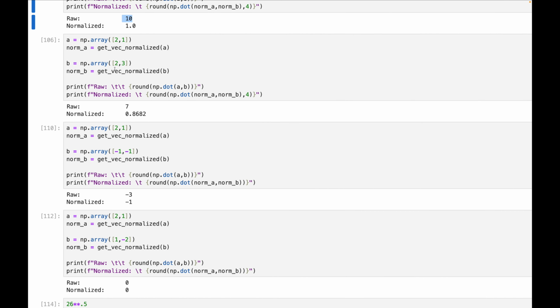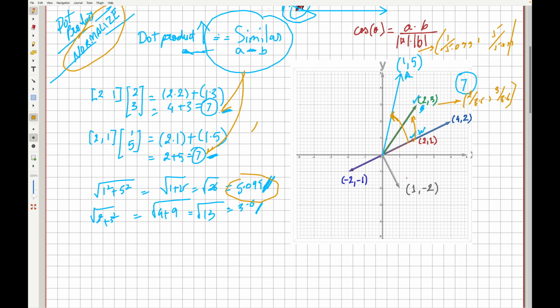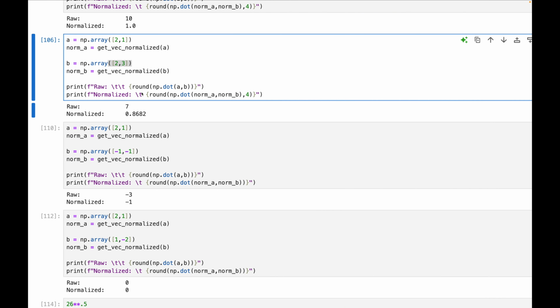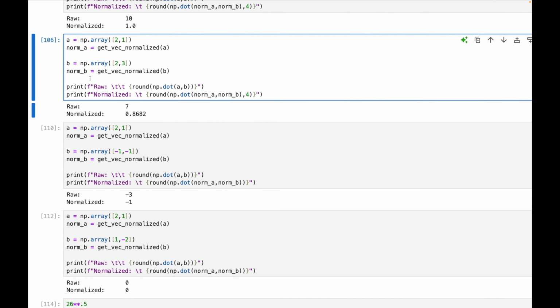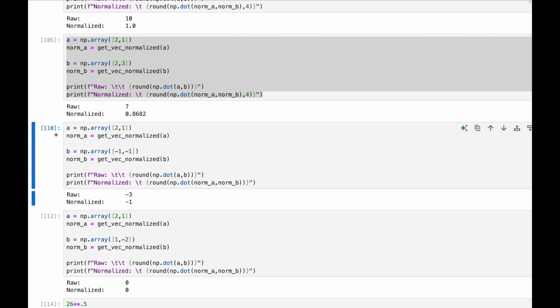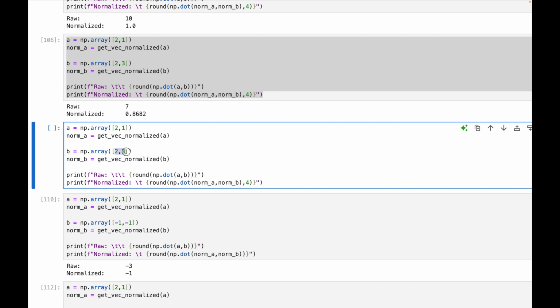If you look at the dot product of 2 1 with 2 3, which is this green arrow right here, after normalizing, we see that it is 0.86. And if we use the data point 1 5, we will probably get a value that is larger than 0.86, or maybe similar.